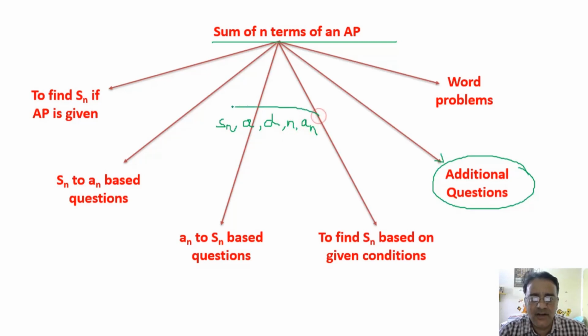Okay, so इनके combination के basis पे there are different types of questions we can make. So that will come under this and this. Okay, to find Sn based on some given conditions. So we'll take up one by one, but we're not going to do any questions from word problems.